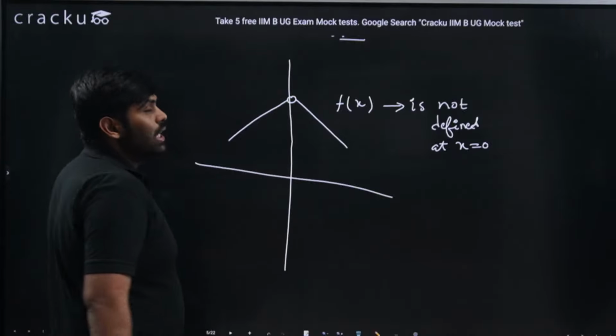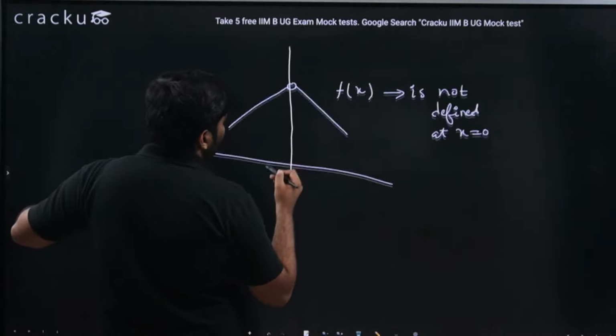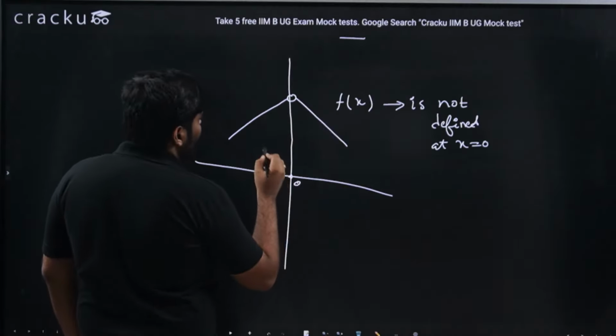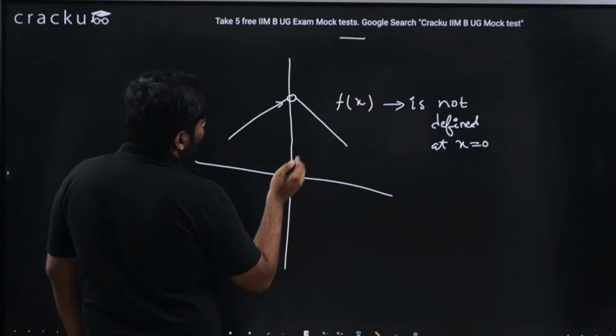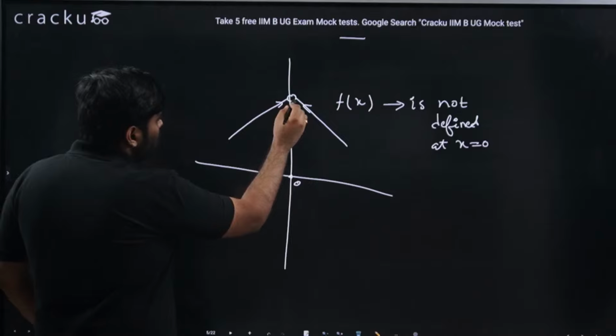That is the reason I have given an open circle over the two points. But if you observe this graph, if you tend to come from the negative x direction towards 0 or from the positive x direction towards 0, both are tending to a particular value.